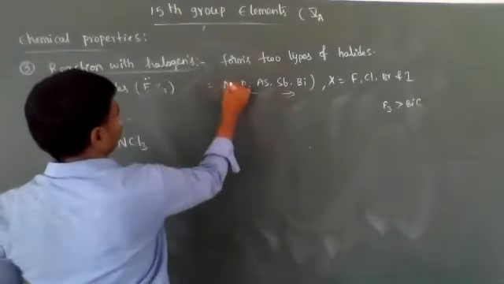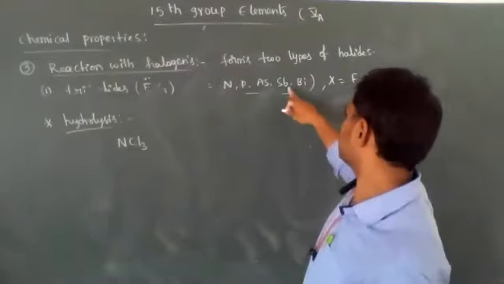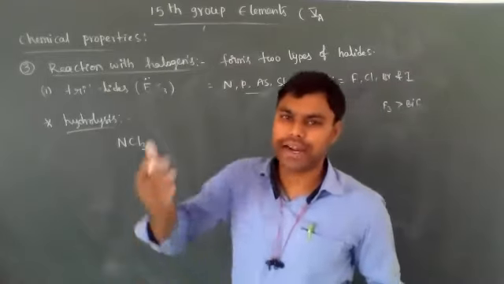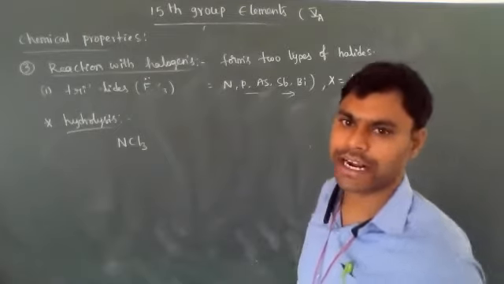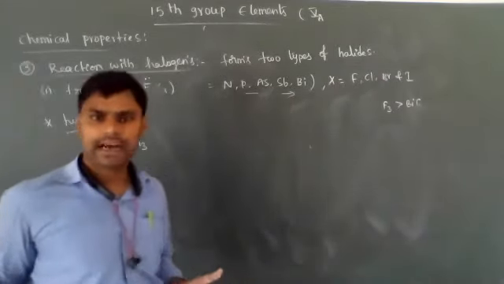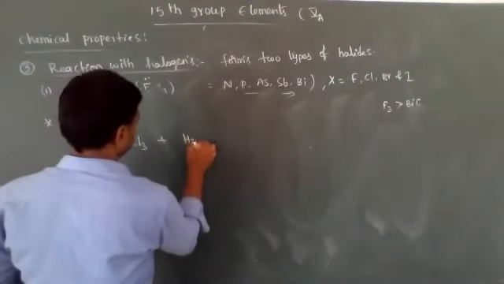From nitrogen to phosphorus, arsenic, antimony, and bismuth, the antimony and bismuth compounds cannot be hydrolyzed easily. So hydrolysis character decreases. Fluorides can be easily hydrolyzed when compared to chlorides, and then bromides, and then iodides. So it is important, hydrolysis.